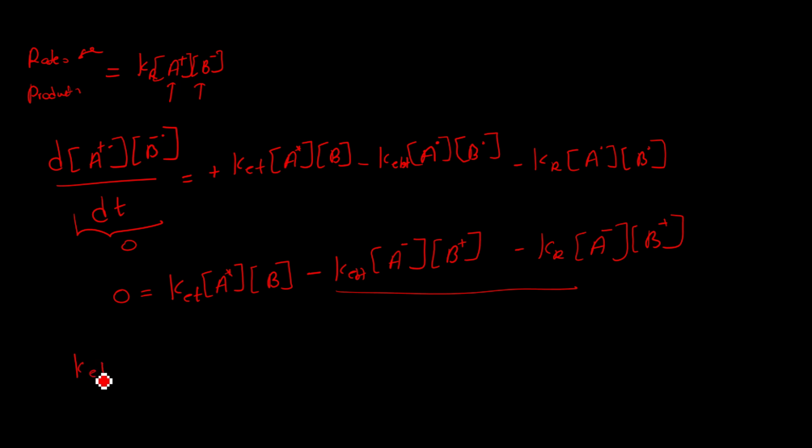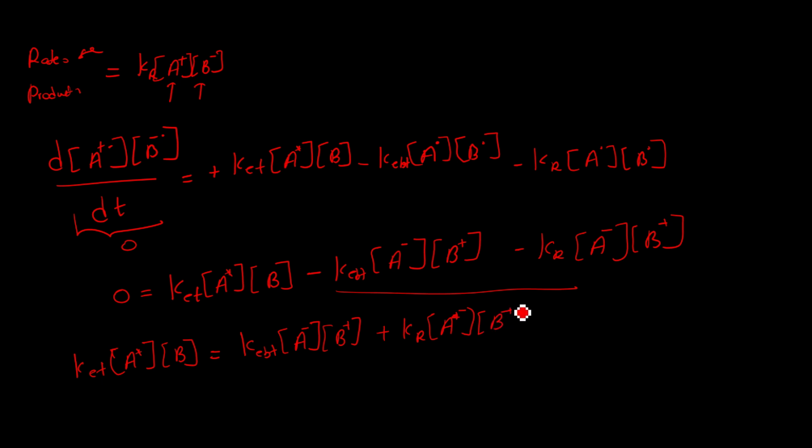So we have k_ET, A star, B equals k_EBT, A radical and B radical, plus k_R, A radical and B radical. Now you can see these two are common to both terms, so you can take them out: (k_EBT plus k_R), A radical and B radical, equals k_ET, A star, B star.